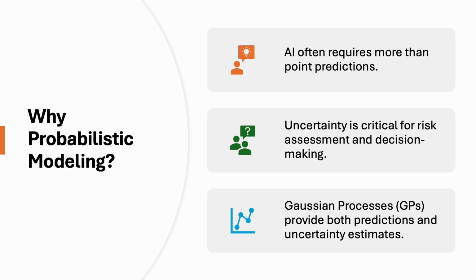For example, in a complex environment like weather forecasting or medical diagnosis, probabilistic models help quantify risks and guide actions based on the most likely scenarios while acknowledging the potential for error. Consider a university system that uses probabilistic modeling to predict student success and dropout risks.